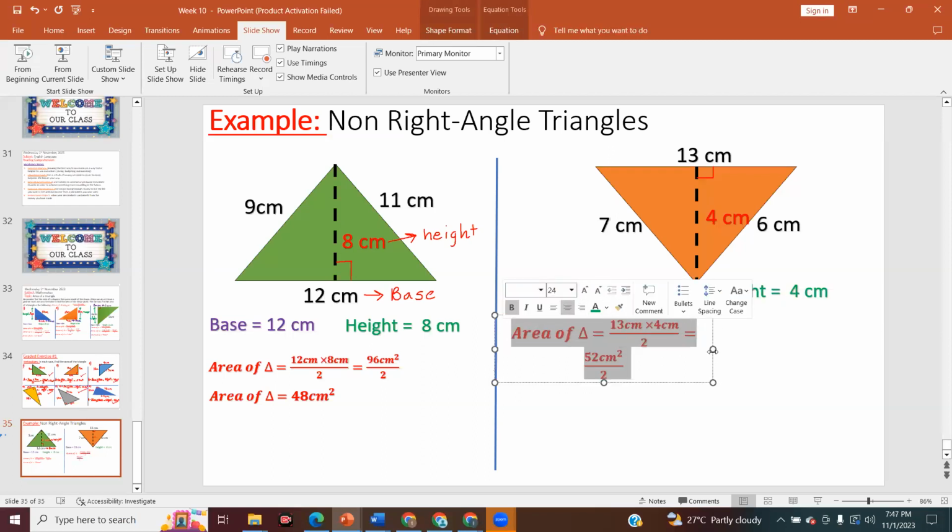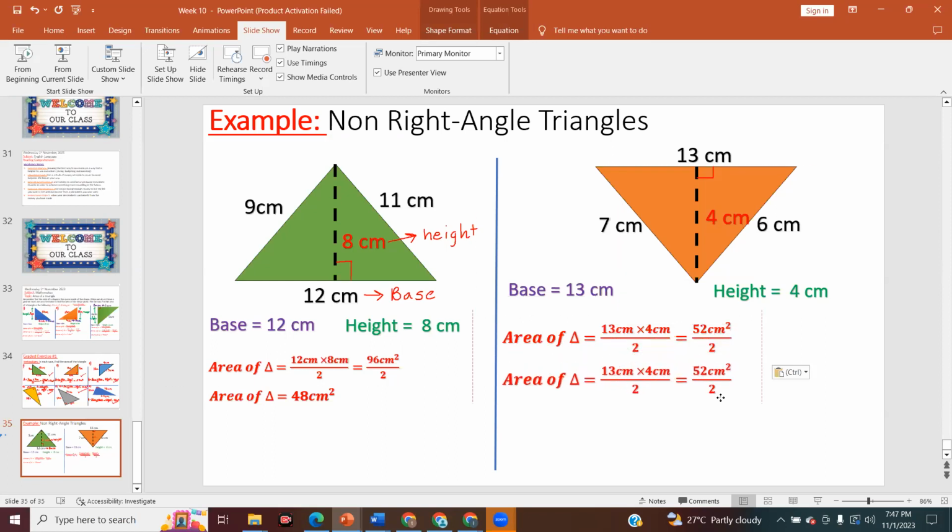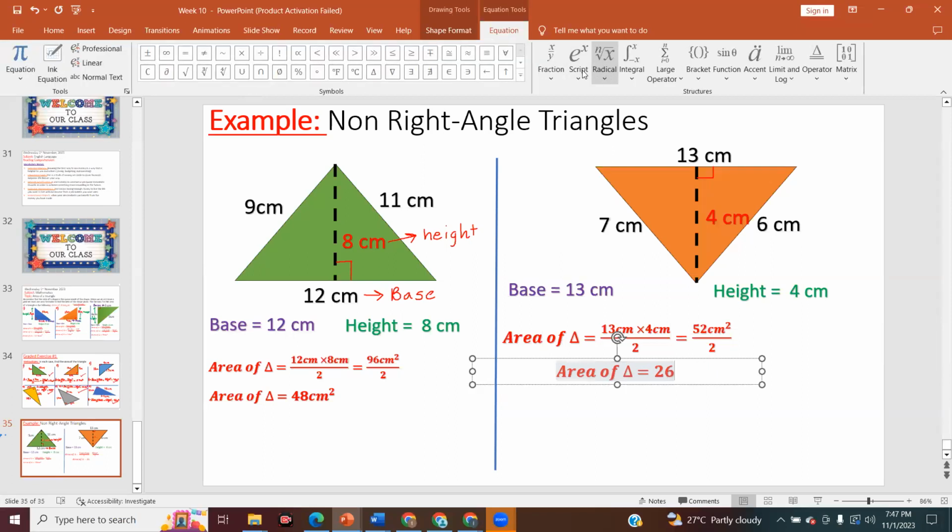And 52 divided by 2 is 26 centimeters squared. All right, and so that's how we get our answer for this.